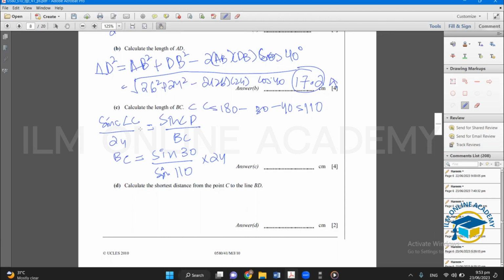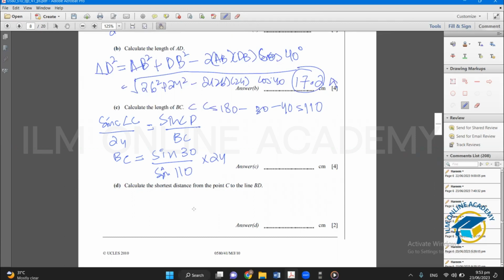I've just done simple mathematics: what is being multiplied on one side goes to the other side and is divided, and what is in the numerator goes to the denominator.